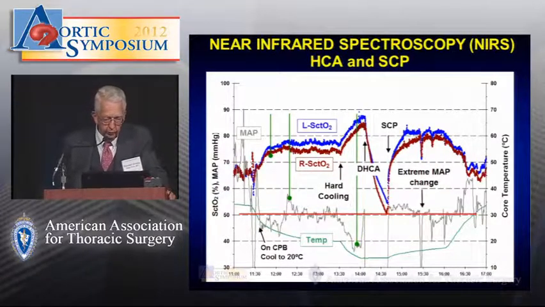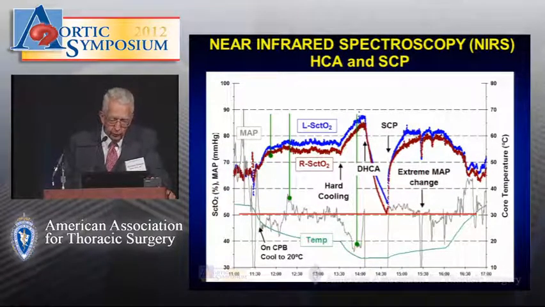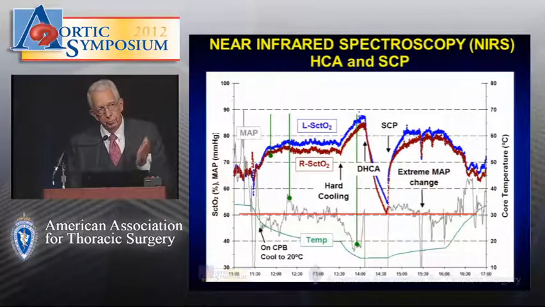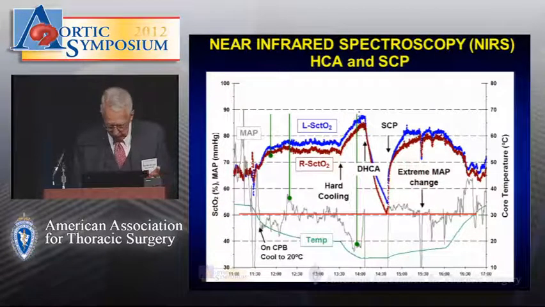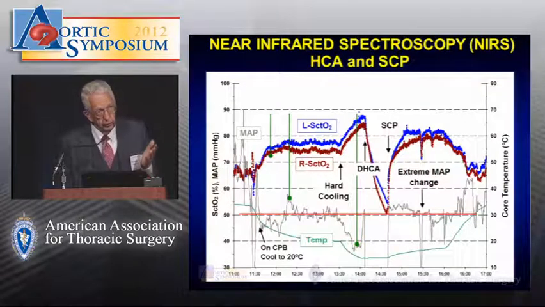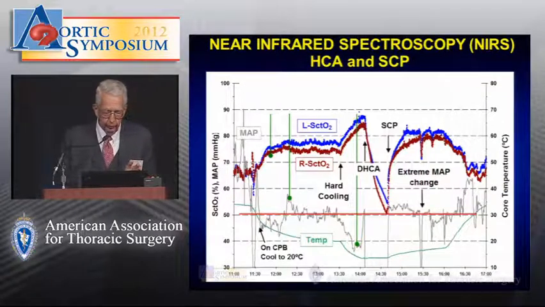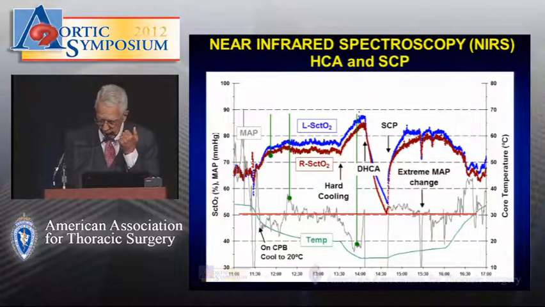One can see in this representative slide that during the period of circulatory arrest, there's quite a precipitous drop in the saturation of what's probably a mixture of venous and arterial blood in the brain. In this particular patient, measured on the two sides, the saturation dropped down to between 50 and 60% at its nadir.